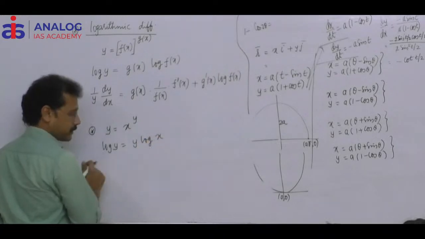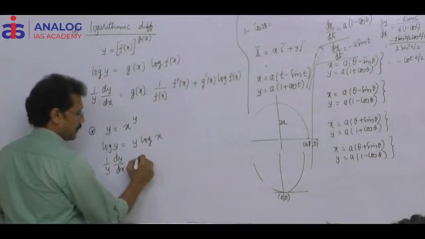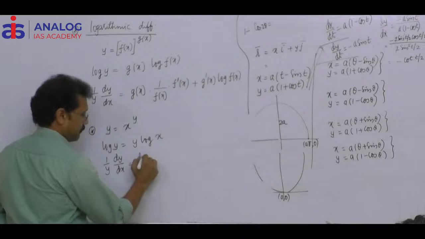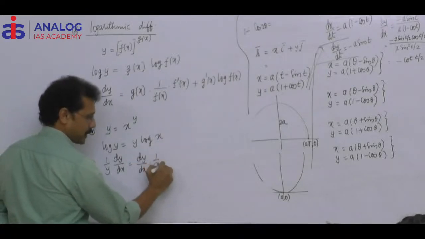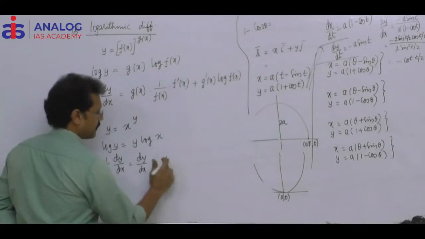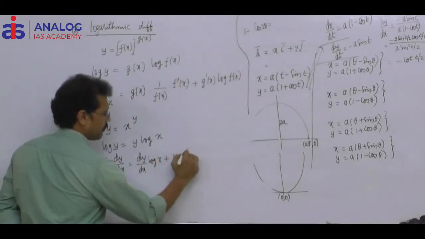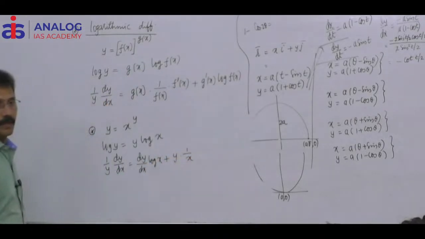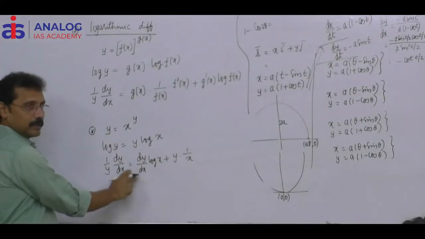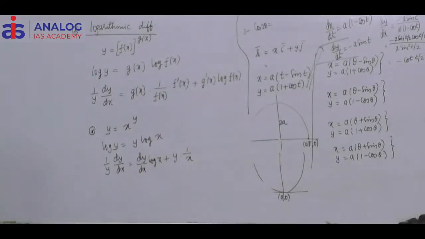Now differentiating, 1 by y dy by dx is equal to dy by dx into log x plus y into 1 by x. Now take dy by dx common here, and then whatever comes, bring it to the other side. Okay, fine.